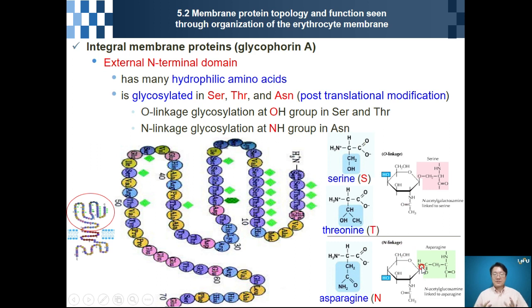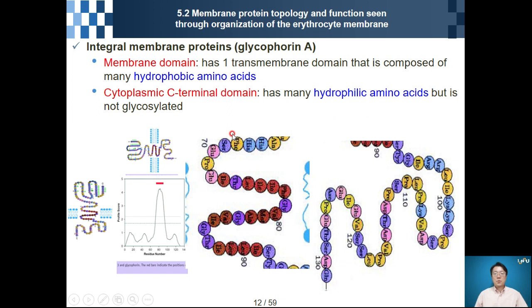Let me summarize once again. The external N-terminal domain has many hydrophilic amino acids and is glycosylated at serine, threonine, and asparagine. Especially in serine and threonine, O-linked glycosylation happens, and in asparagine, N-linked glycosylation happens.